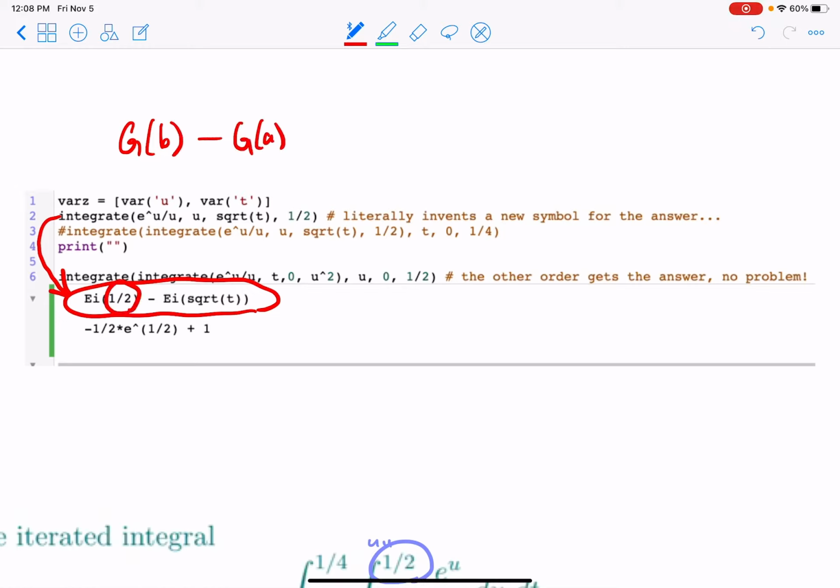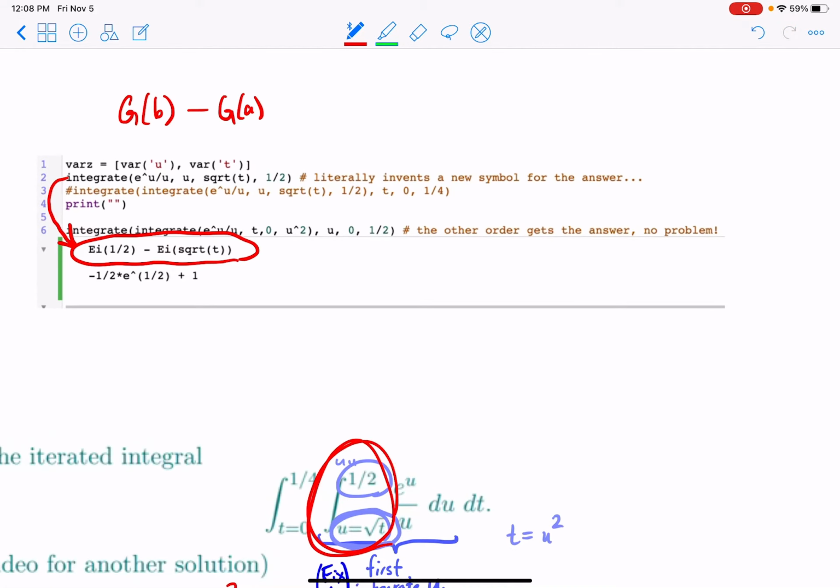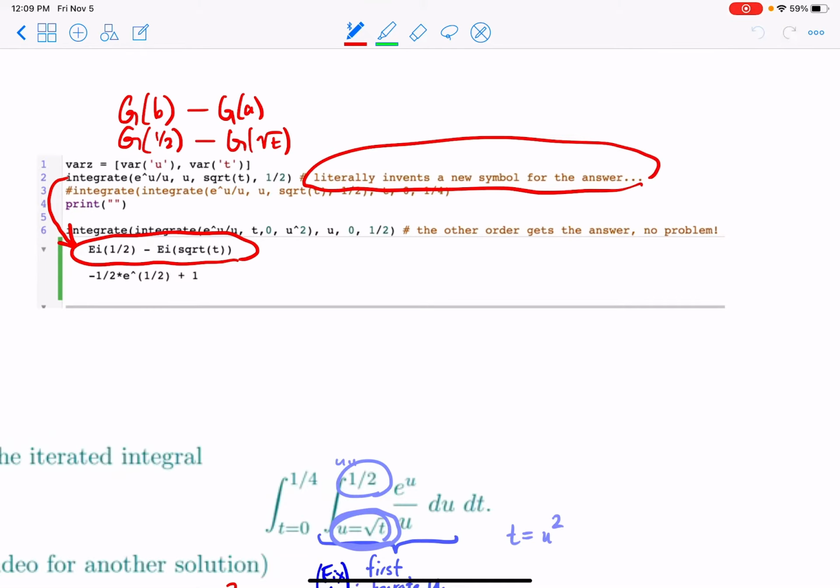G of u equals 1/2 minus g of u equals square root of t. Because remember, our integral went from square root of t up to 1/2. So this was g of 1/2 minus g of square root of t. And it just says that, but it made up a new symbol because I didn't know the answer.